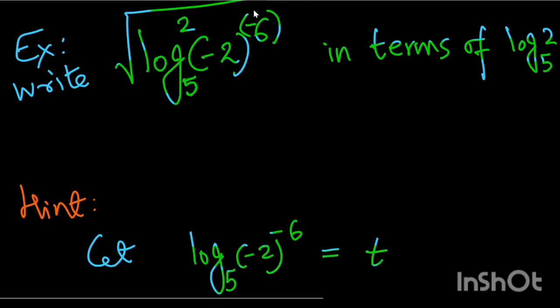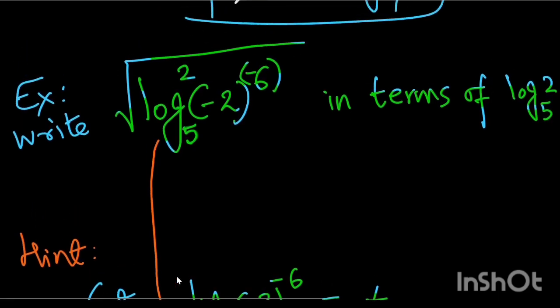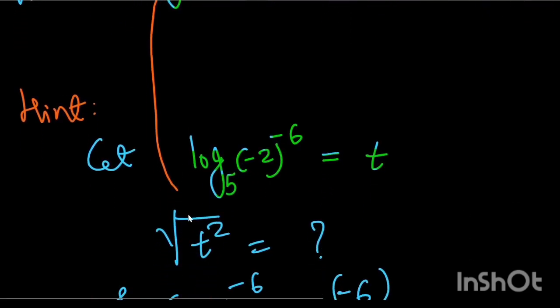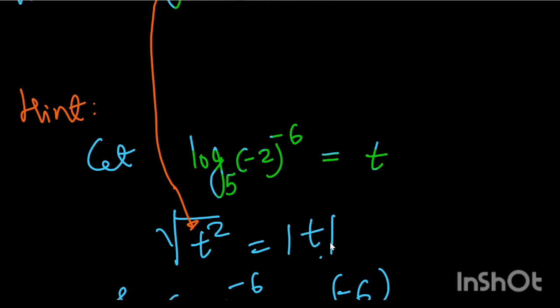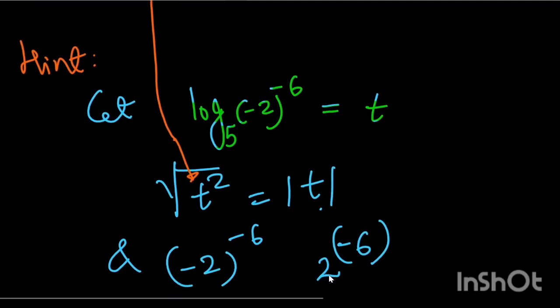What do you think this should be in terms of t? Yes, this would be t square, and outside is the square root. So the square root of t square is what, guys? We know that the square root of t square is mod of t. And one more thing: minus 2 to the power minus 6 and 2 to the power minus 6, what is the relation? Are they equal or unequal?